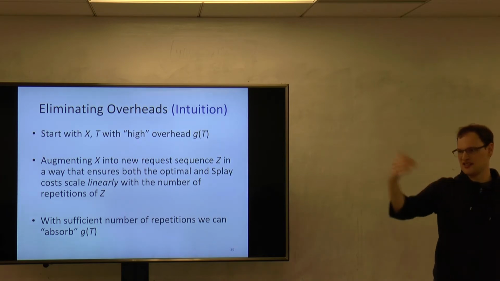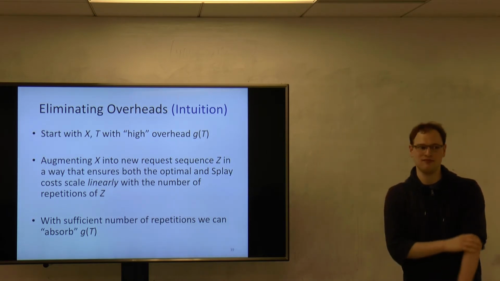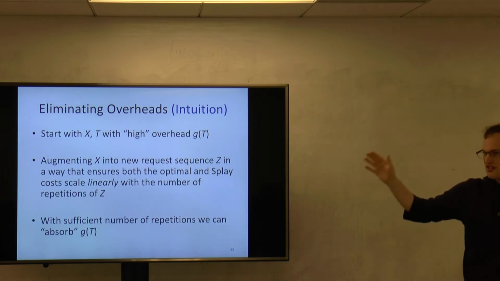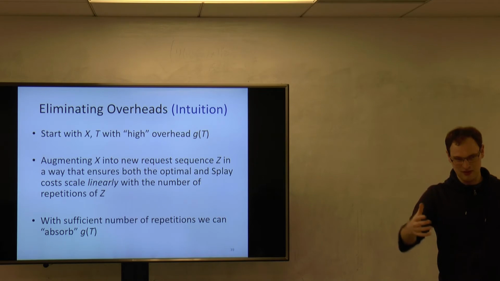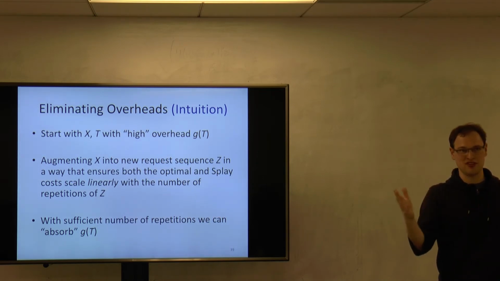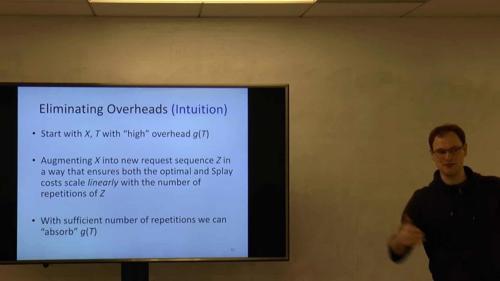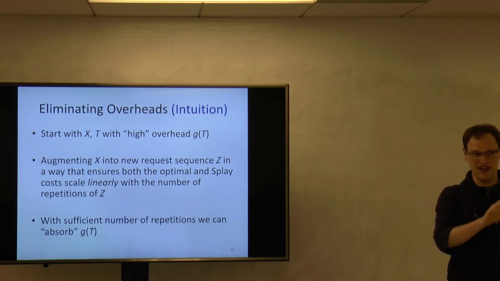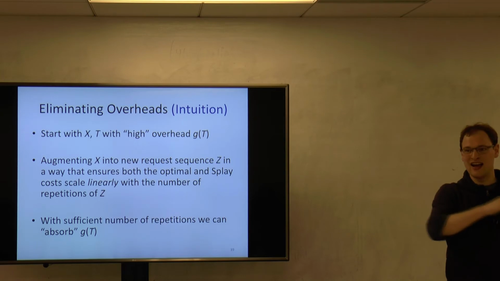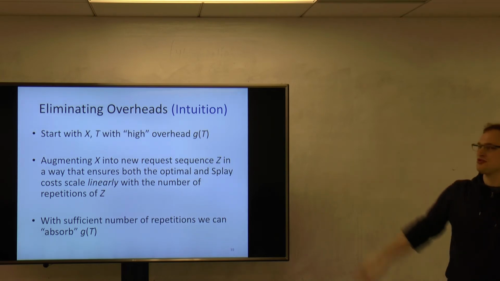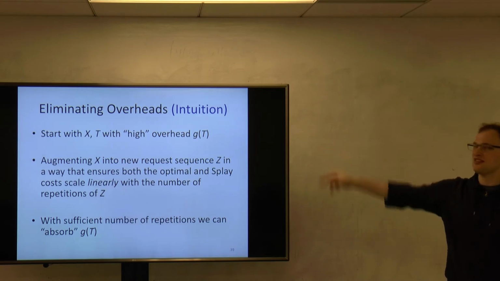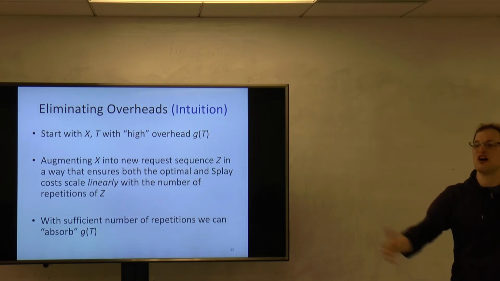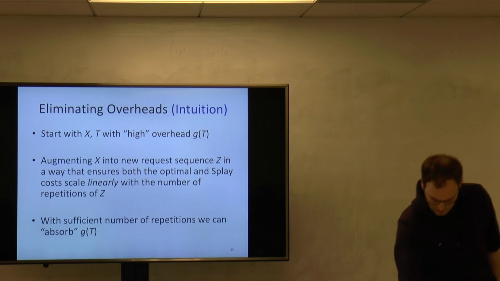Let's say you start with some high additive overhead, where g is our additive overhead function. We're going to repeat the request sequence k times, and each repetition linearly upscales the cost of both splaying and the optimum algorithm. We set k large enough, and we can absorb that additive overhead, because it doesn't depend on the length of the request sequence. So we're amplifying that.